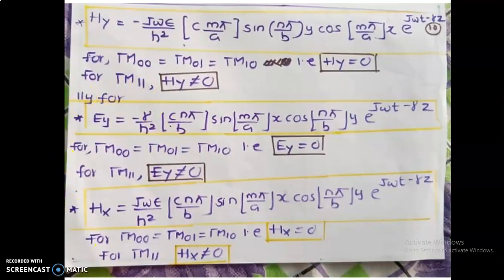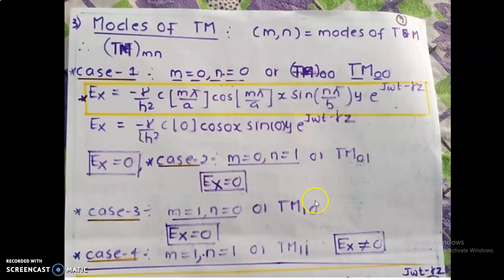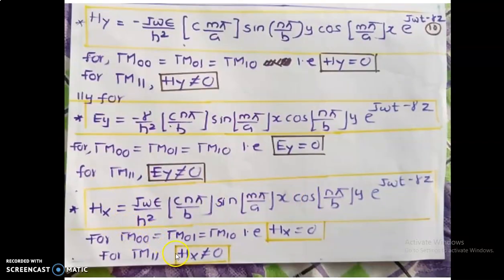Now if you see overall here, I can say that for 0 0, 0 1, 1 0, it won't exist. Yes, try to understand again. I can see here that for 1 1 Ey exists, Hy exists, Ex exists, as well as Hx also for 1 1. And this is about the modes.